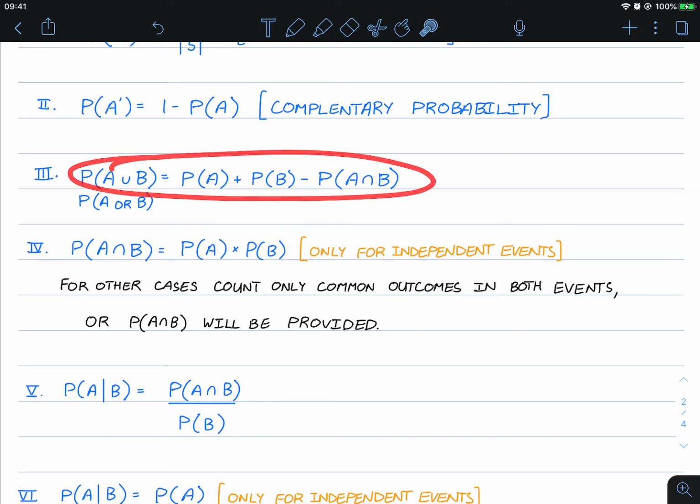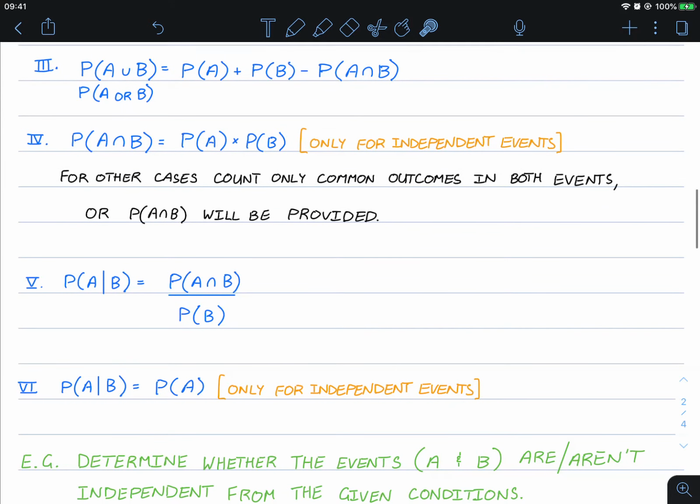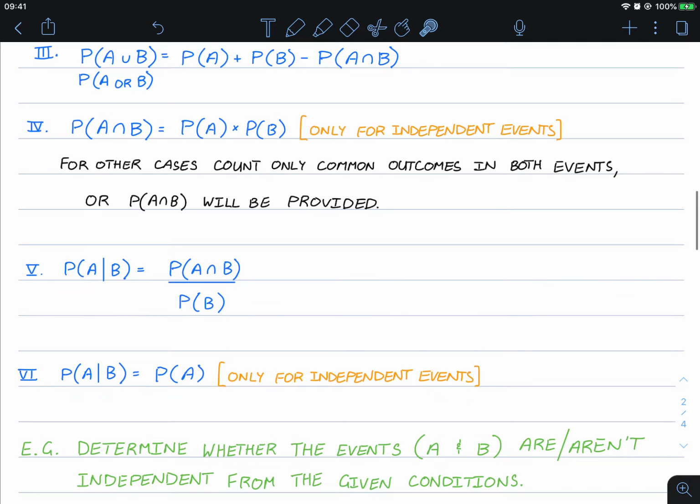This one here is going to be important in this exercise. The intersection of probabilities. This is only for independent events. For other cases, counts only common outcomes in both events. Refer back to the first video to understand what we mean about this. Or the probability of the intersection will be provided.